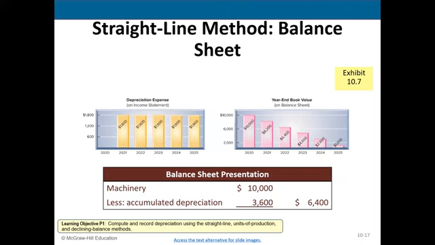The reason for this is because we never reduce the value directly from the asset on the balance sheet. Why? Because you want to maintain the integrity of the cost of acquiring the asset. That's why we use accumulated depreciation and not just deducting it directly from the machinery account, you see?